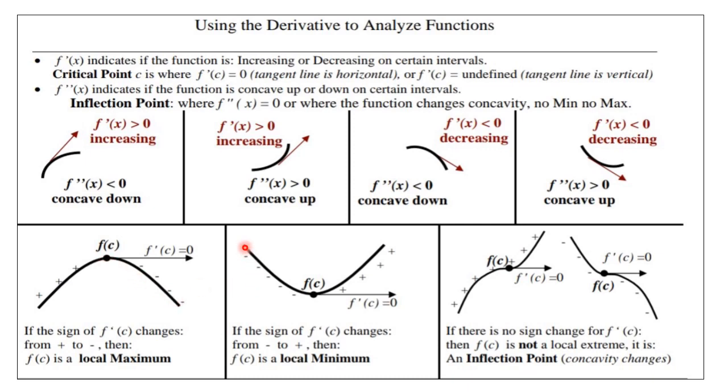Here the function is decreasing, isn't it? If you take any point in this interval the slope is negative. After this turning point again it is increasing. Here negative to positive, that means this is the point of local minima. F of c is a local minimum.